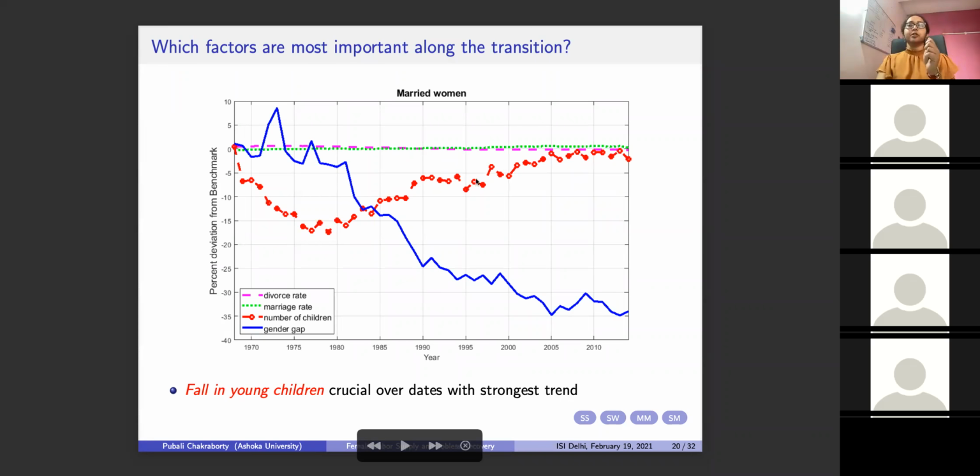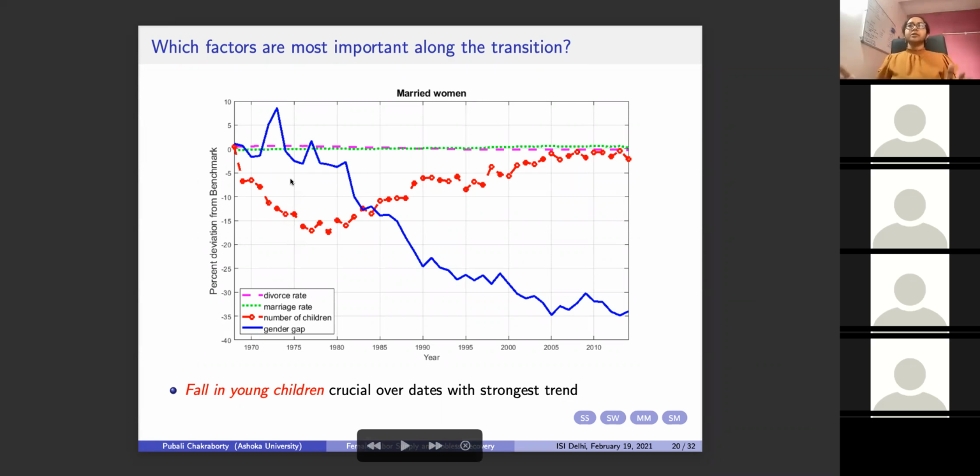For example, for this red line, I do not allow changes in the number of young children post 1968. Suppose the number of young children remained at the 1968 level throughout, and the other factors changed. What would be lost? This difference measures what would be lost in terms of explaining labor supply if I did not allow the number of young children to change. So this measures the relative contribution of each of these factors.